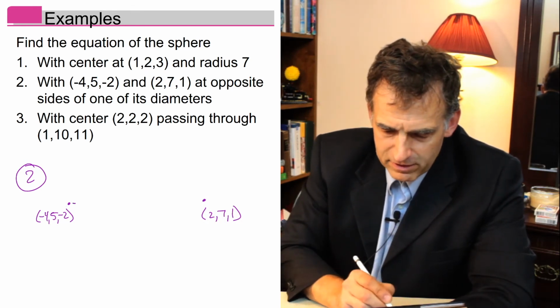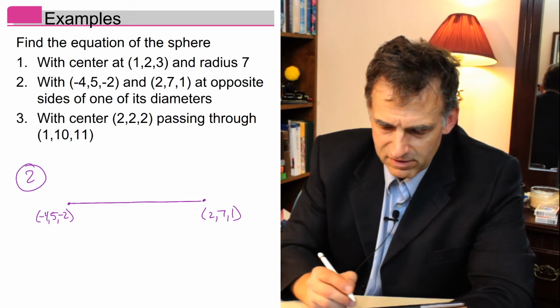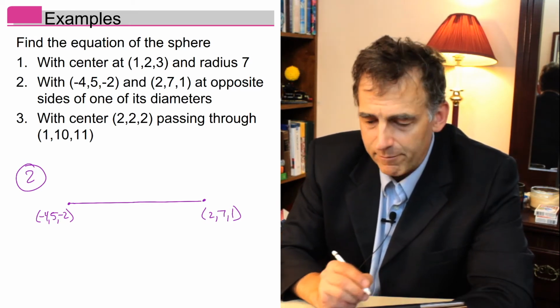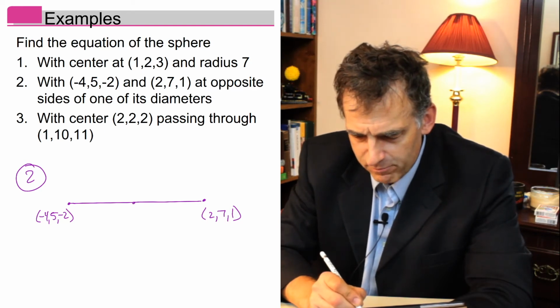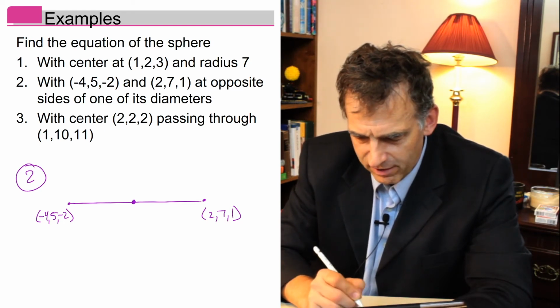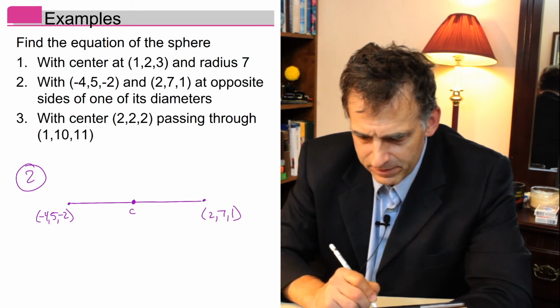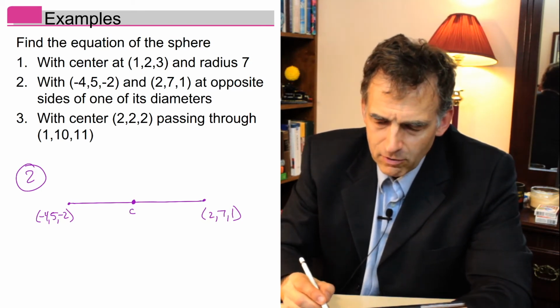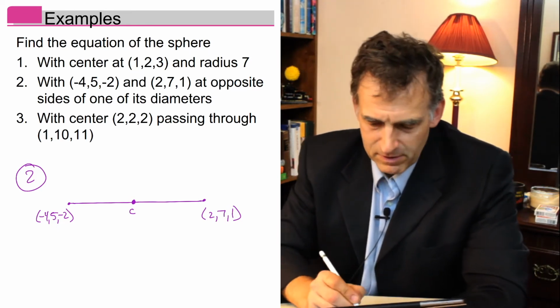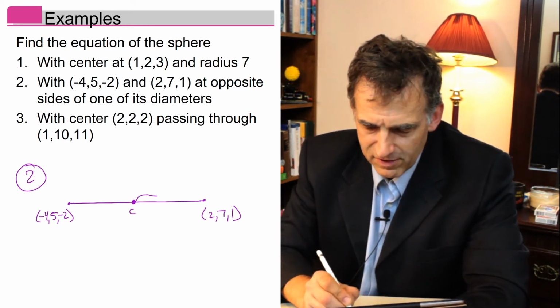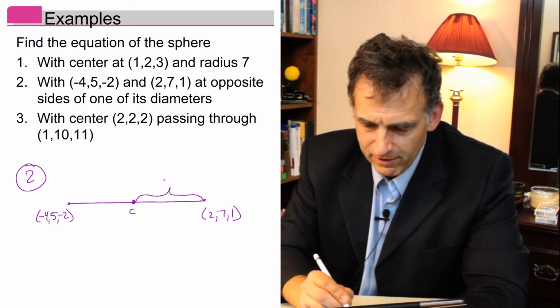So let me connect these by a line, because it says that these are on opposite sides of a diameter. And a diameter is just a line that goes through the center of a circle. So the center is right here. We need to know where the center is, and we need to know what the radius is. Let's get the center first, and then we will figure out the radius.